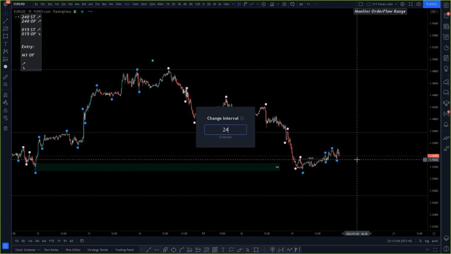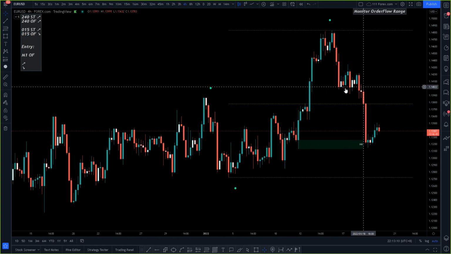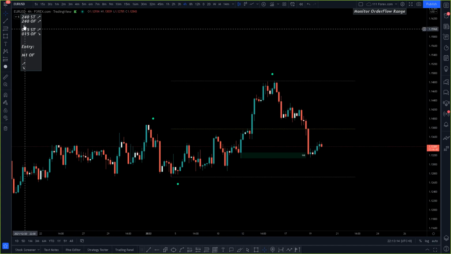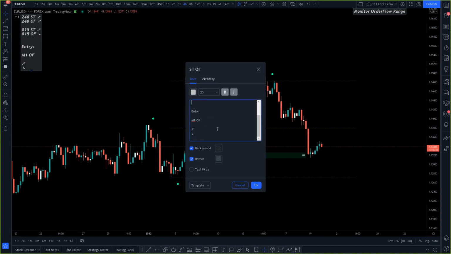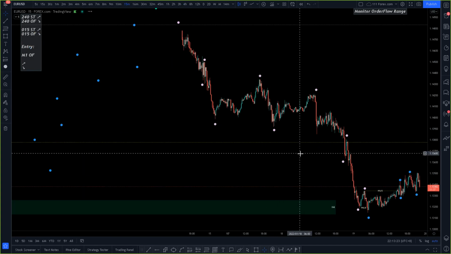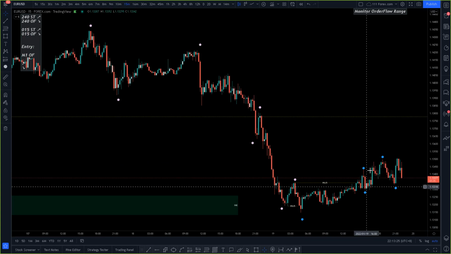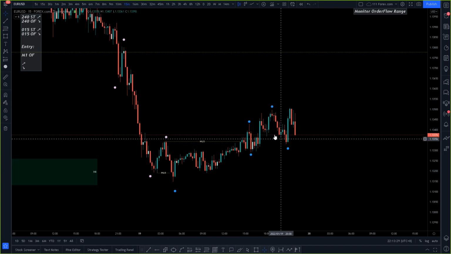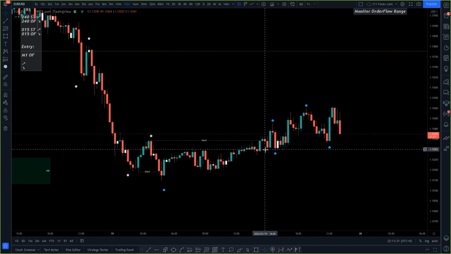Let's see on H4 first. H4 structure was bullish, but the order flow was bearish. And then on 15, the structure was bullish here, and the order flow was bearish here.